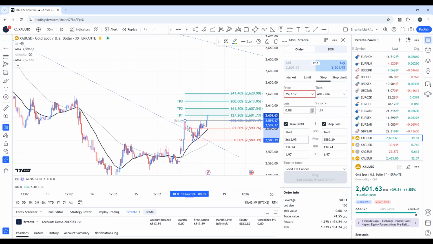Okay, so to summarize, today we covered the importance of calculating the right position size and managing your trading risk effectively. We looked at how to decide how much to risk per trade, how to calculate the position size, and how to automate this calculation using TradingView tools. The most successful traders are not those who avoid losses.